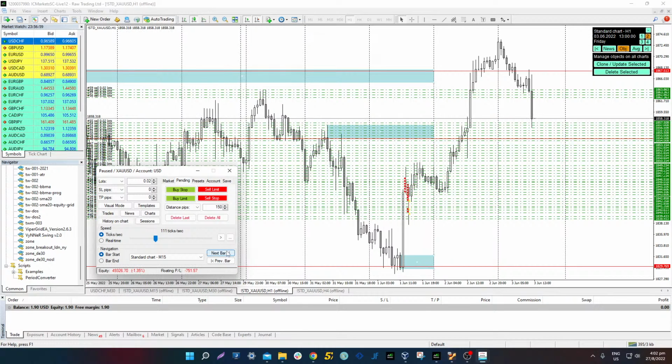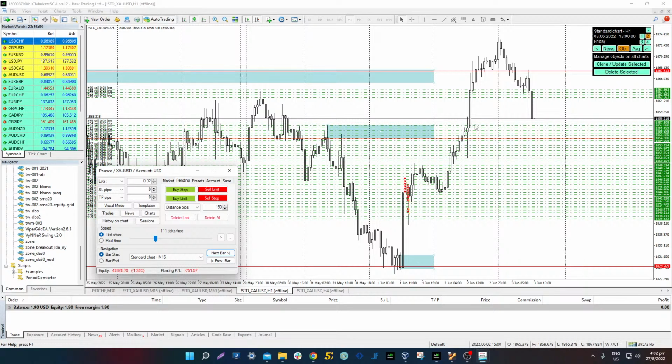Okay, so here we have the third day, this is Thursday. This Thursday we were in drawdown all day long, but currently we are about minus 1.5% drawdown.